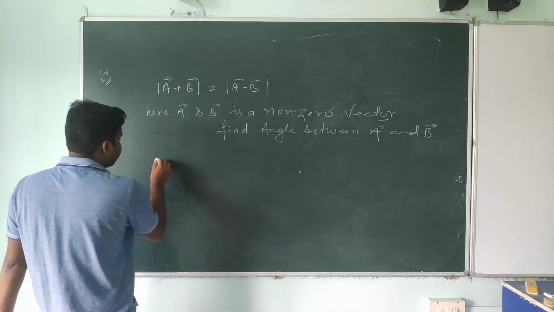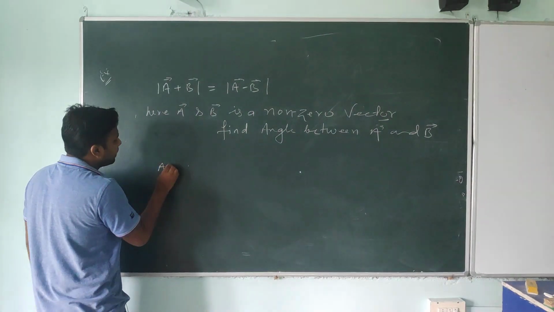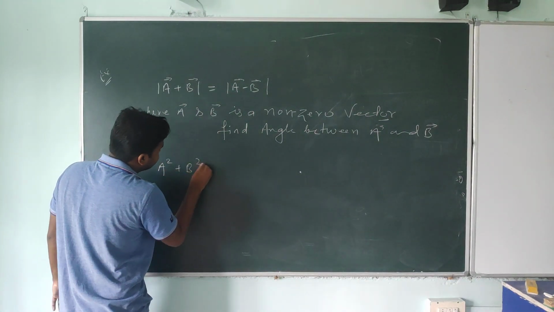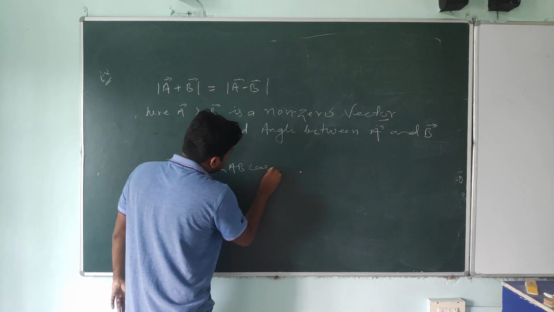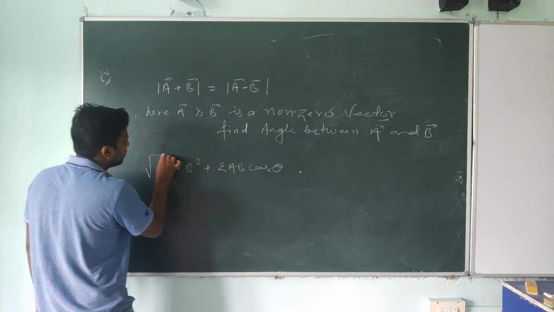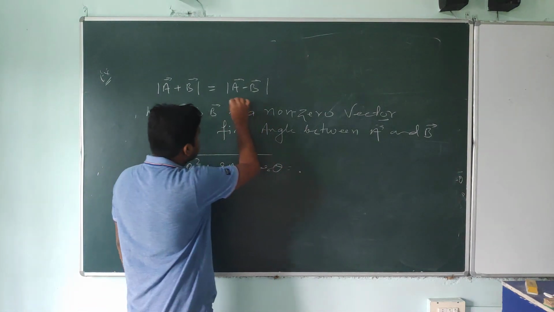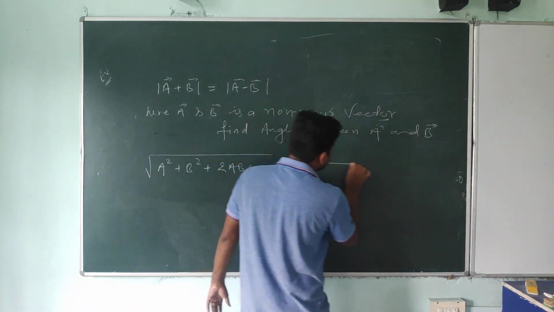The magnitude is R, and that is root under A square plus B square plus 2AB cos theta.